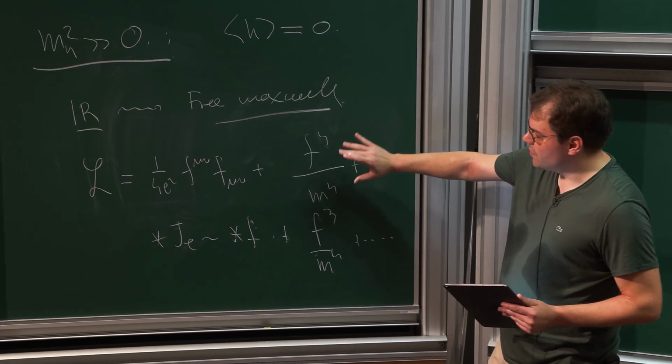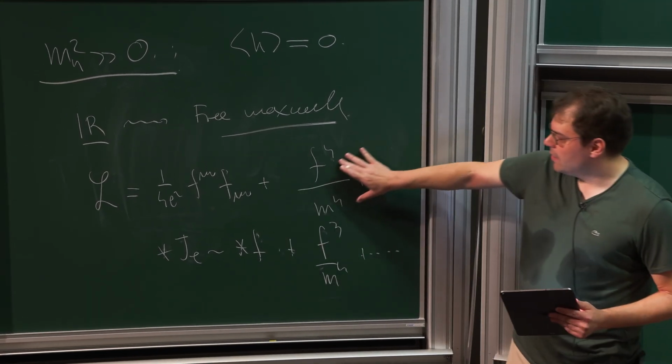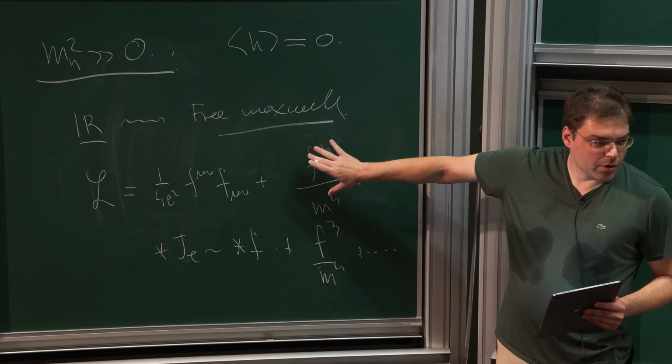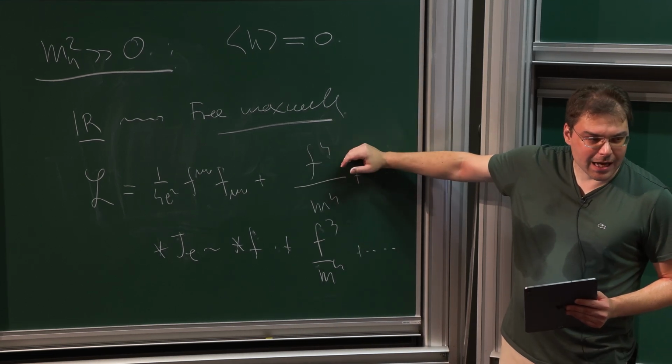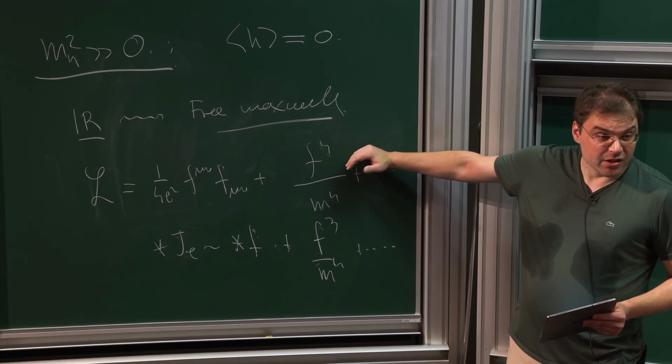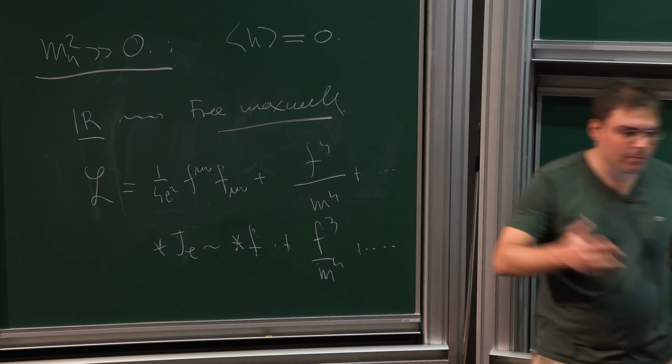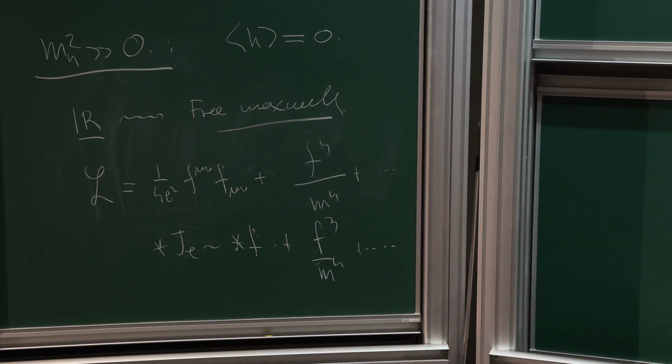So indeed, for ordinary zero-form symmetries, you would expect that if you go to high enough order in the derivative expansion, you will eventually encounter an irrelevant operator that explicitly breaks the symmetry. For example, baryon number is broken by dimension 6 operators in the standard model. Not by renormalizable ones, but by dimension 6 ones.